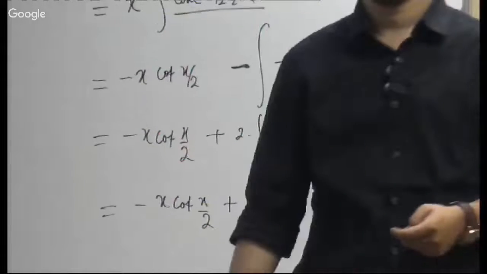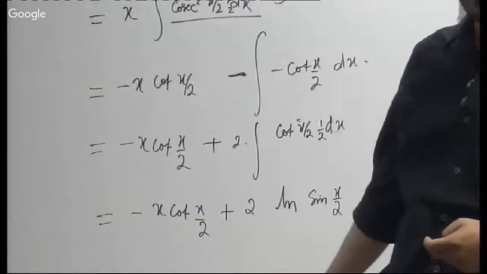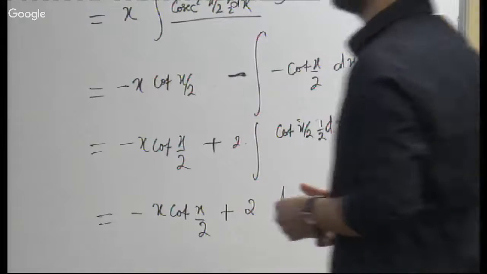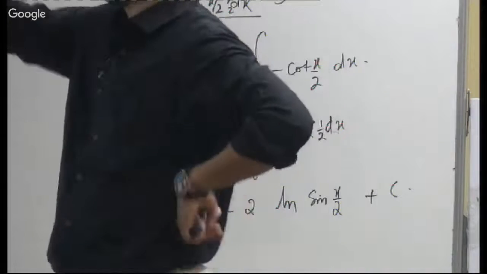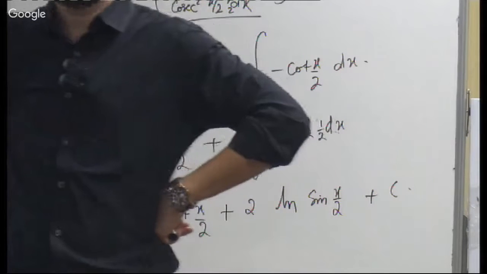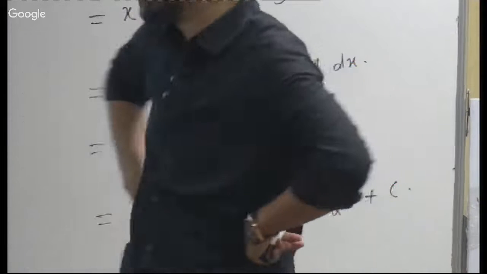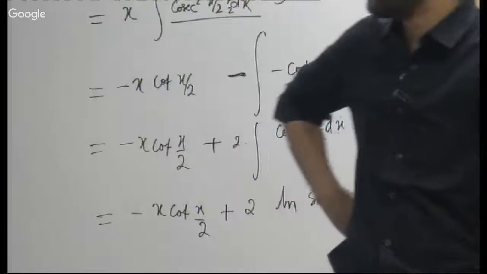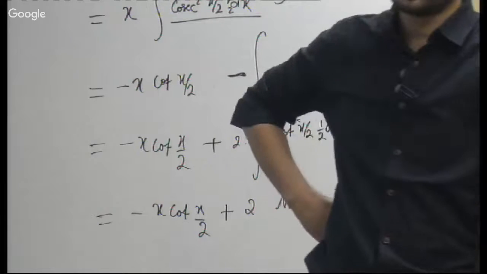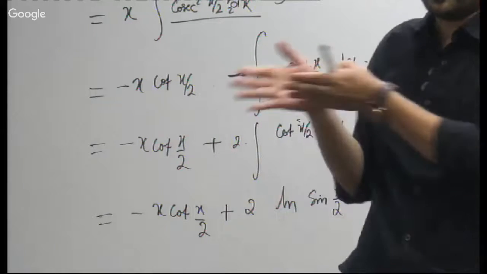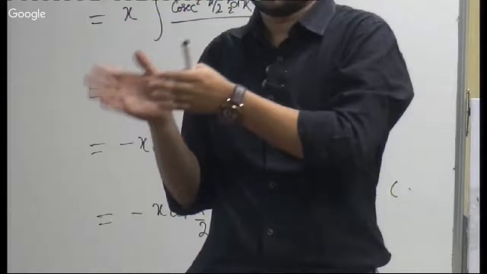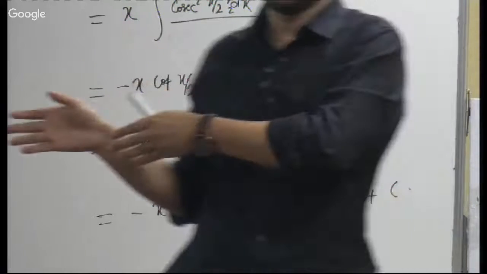Clear? Easy? Done? Okay. So now the next question is very easy. The sixth part has become easier now. We have already done x upon 1 minus cos x, and the second part is sin x upon 1 minus cos x. Integration of a sum is sum of integration, right?